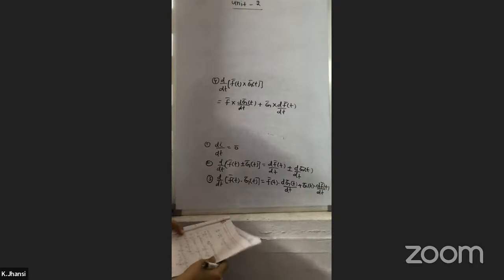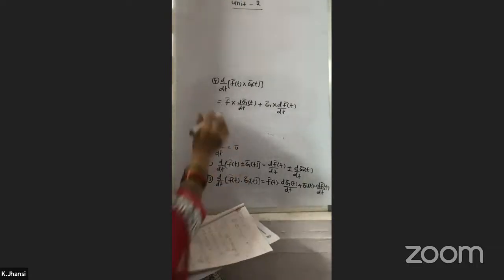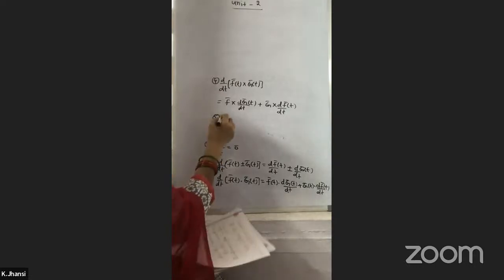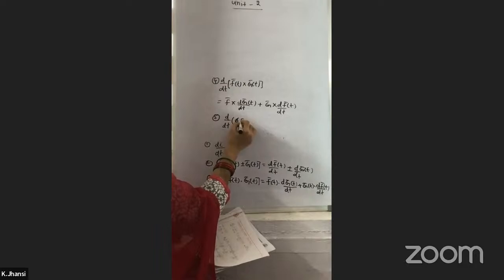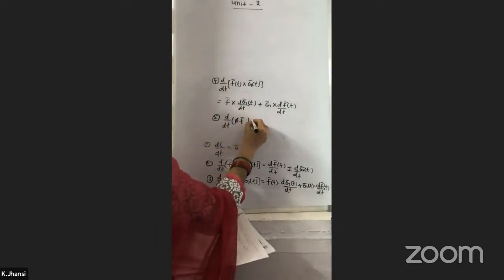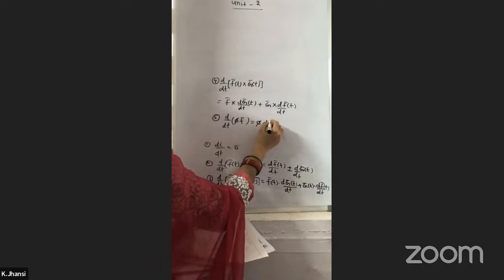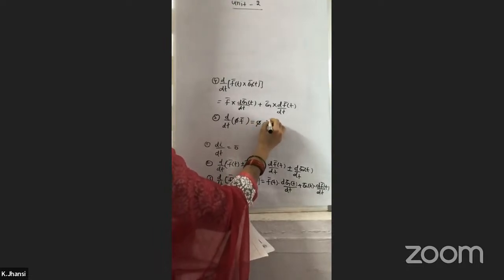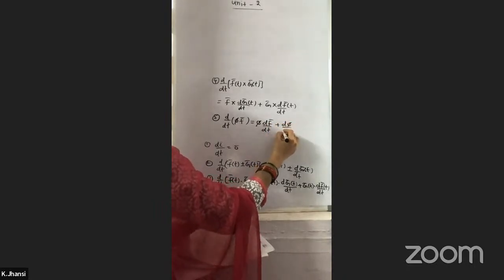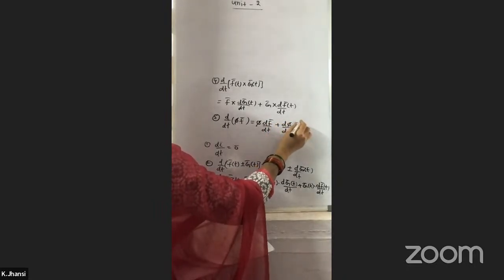This is for the cross product. If in place of g you have phi, d by dt of phi times vector f, then it is phi into df by dt plus d phi by dt into f.